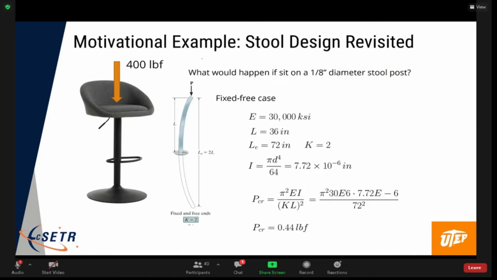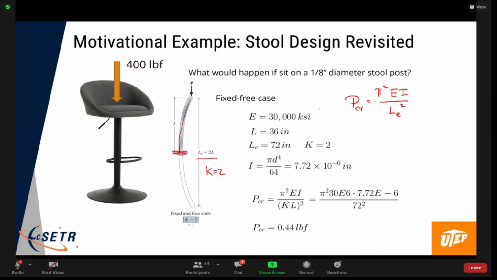So if we wanted to revisit the stool example, here we can consider the stool fixed at the bottom and free at the top. So in this case, the effective length is 2L, or we can use K equals 2, right? And so we're going to use the fact that the critical buckling load is pi squared EI over L effective squared.